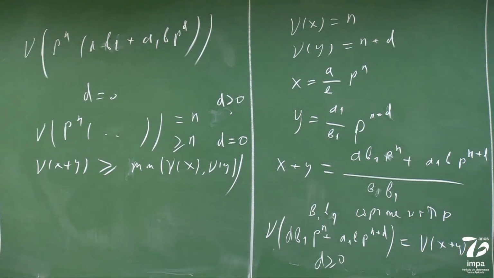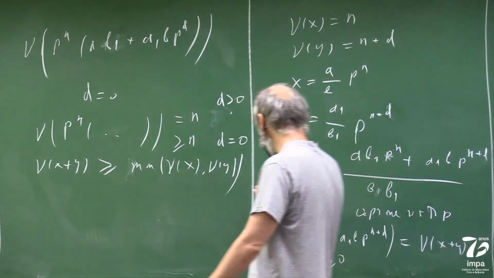Is it clear? I'm sure you have seen this for p-adic valuations. This is very standard when you define p-adic numbers.